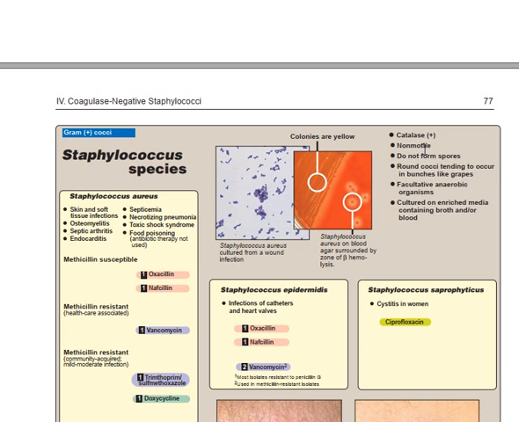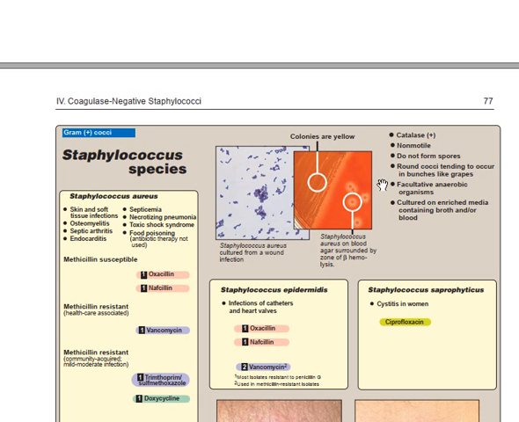Now, the characteristics of Staphylococcus aureus: it is catalase positive, non-motile, does not form spores, and is a round coccus tending to occur in bunches like grapes. They are facultative anaerobic organisms. Is it clear? Facultative means that they can be anaerobic and they can also occur as aerobic organisms.